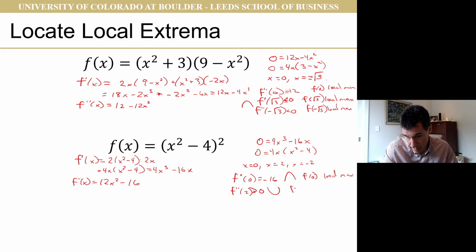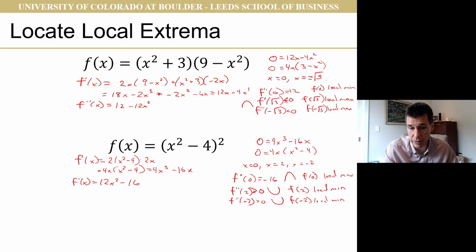Concave up, f(2) is a local min. And f″(−2), again, same thing, bigger than 0. Concave up, f(−2) is a local min.